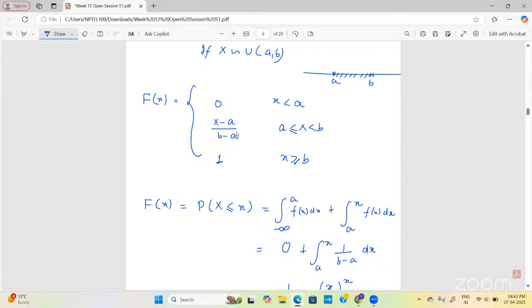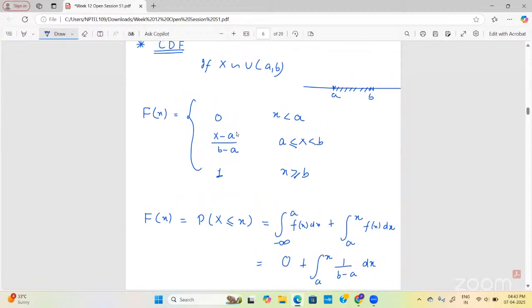First of all, for x equal to b, if you have to find the CDF at point b, then what we have to do is integrate f(x) dx from a to b, from the lower limit to the point at which we have to calculate the CDF.